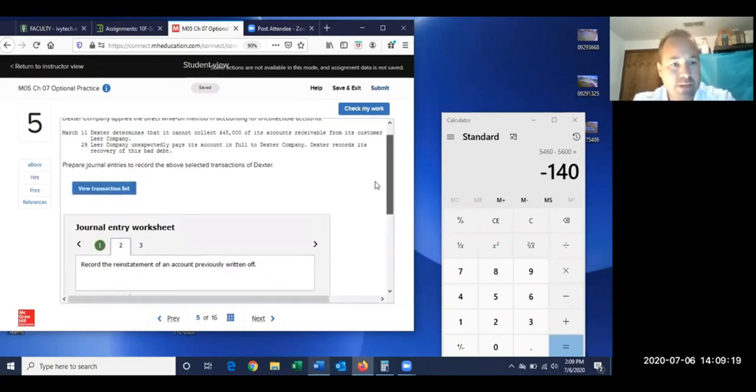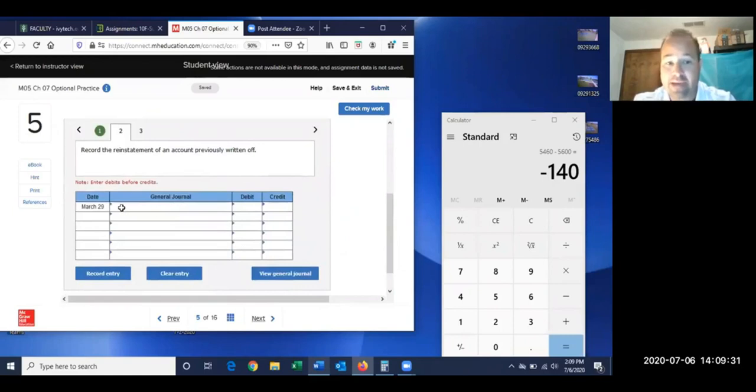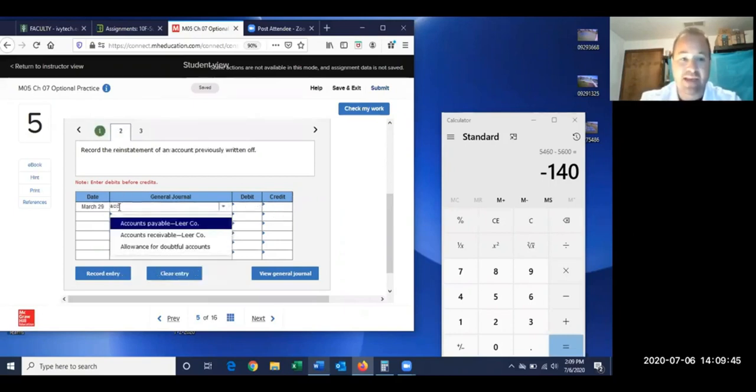Now what happens is on the 29th, after we've already written it off, the company actually pays off their debt. We're happy that they did it. We're not going to turn down the money. So what we need to do is go back and reverse whatever this entry was, because it never really happened. They actually paid us. So we need to put the account receivable back on the books and credit that bad debt, pretend like that never happened.